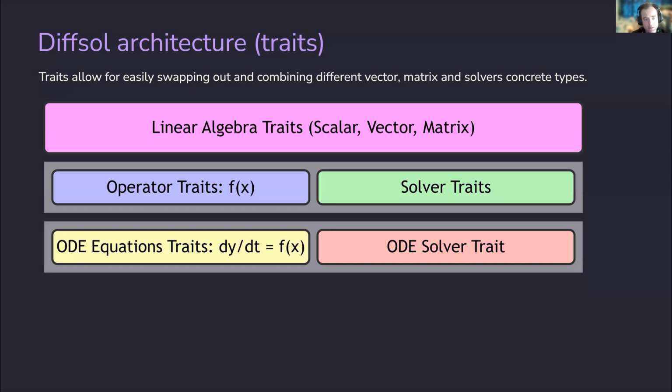Second layer is what I'll call the operator layer. This represents arbitrary mathematical functions, so f of x, and associated linear solvers and nonlinear solvers. And then finally, you've got the ODE equations trait, representing things like dy/dt equals f of x, and the associated solver trait for these types of equations.